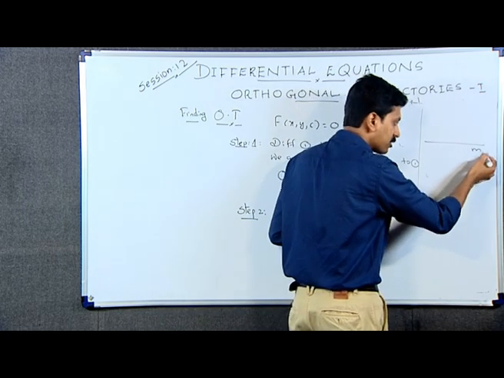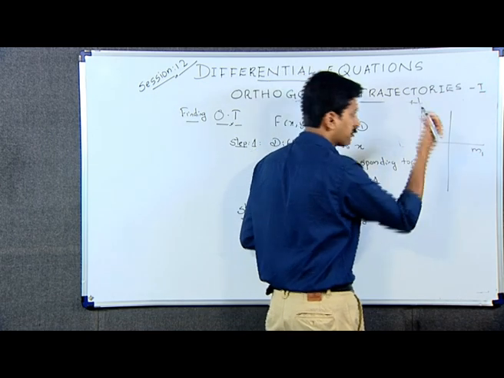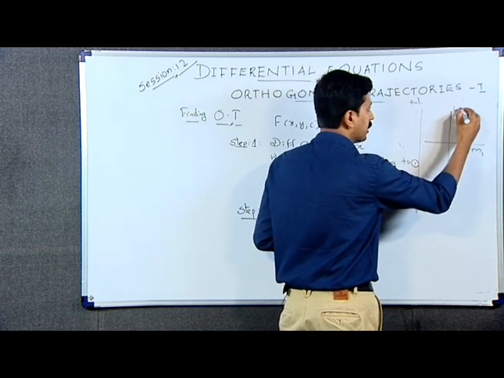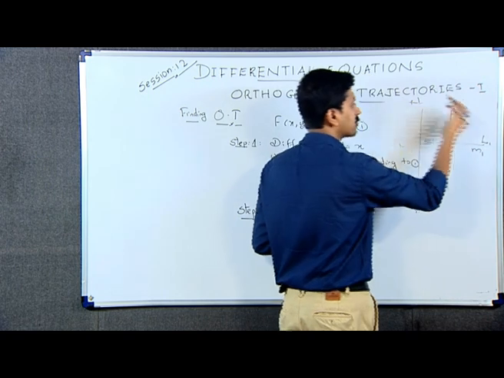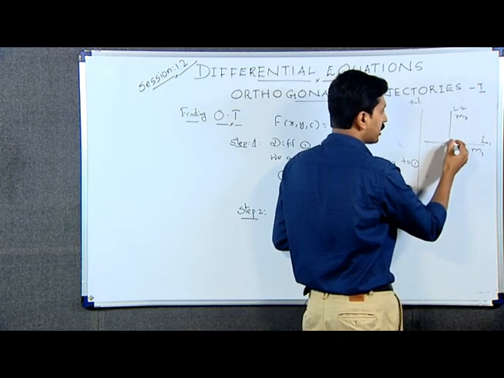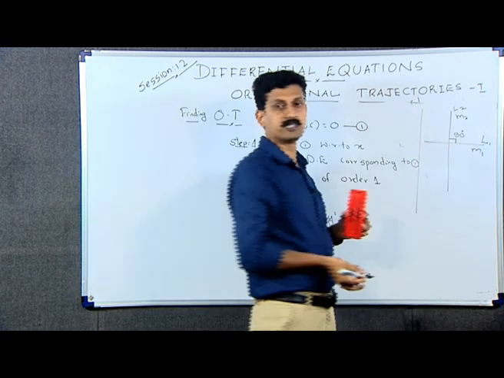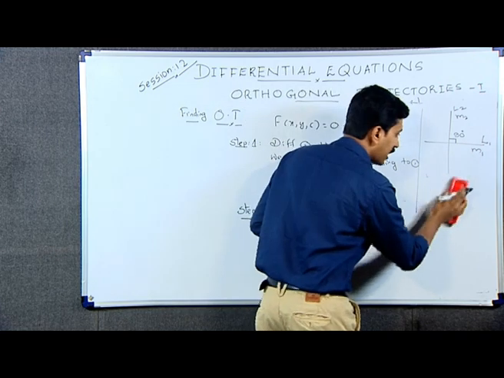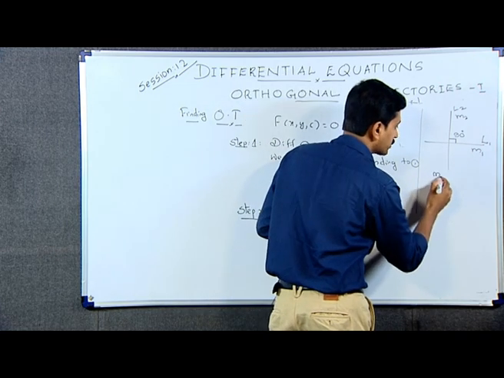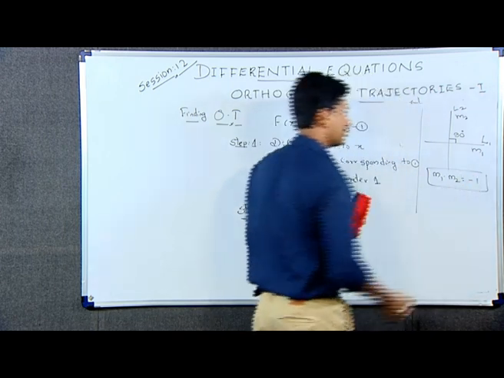I am taking the slope as m1 for this line, L1, and this is another straight line, L2, with slope m2. If they are perpendicular, that means they create an angle of 90 degrees, and we can say that the product of their slopes, m1 into m2, is equal to minus 1.